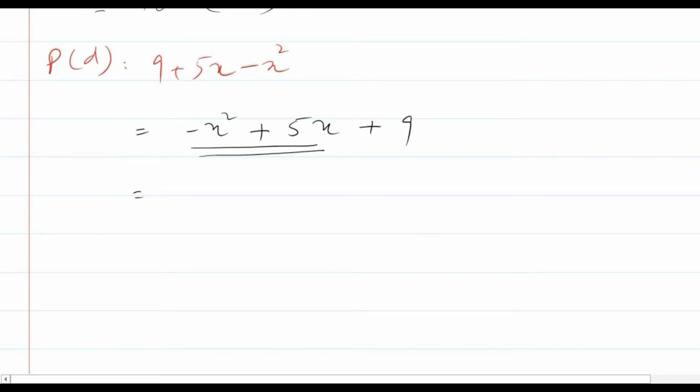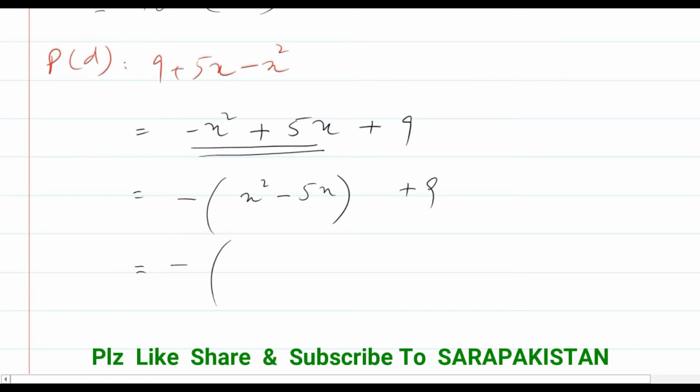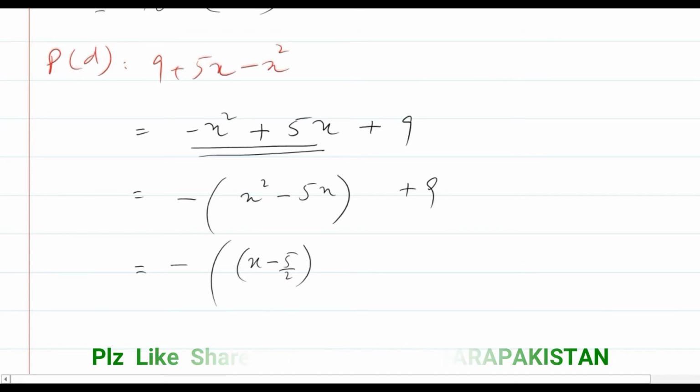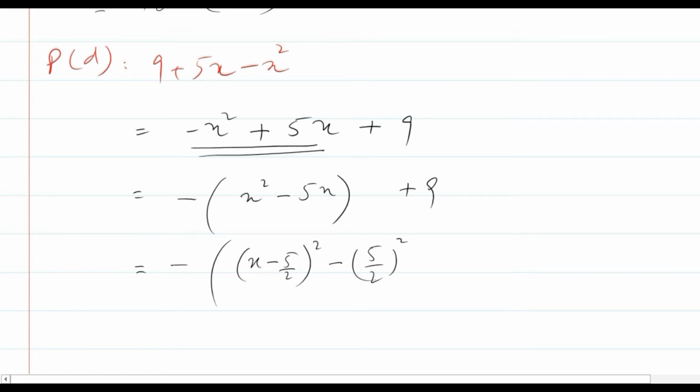You are left with x square minus 5x plus 9, and now you will apply the formula and you will get x minus 5 over 2 whole square minus 5 over 2 square bracket close plus 9.